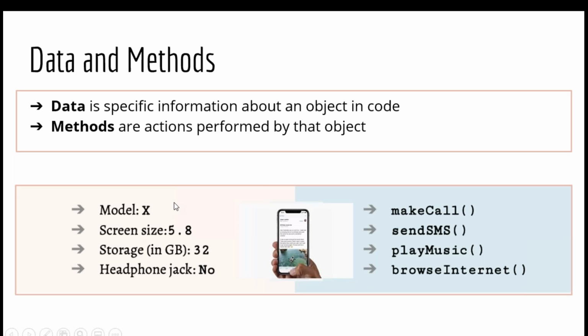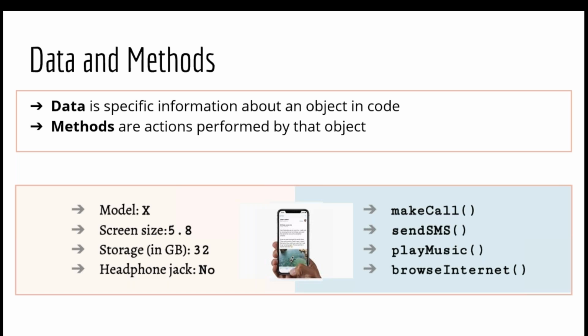As I mentioned previously, what we're going to be learning today is data and methods. Basically, data is specific information about an object in code, and methods are actions performed by that object. It's really important to recognize, not only in Java programming but programming in general, that all of them have really big real life applications.